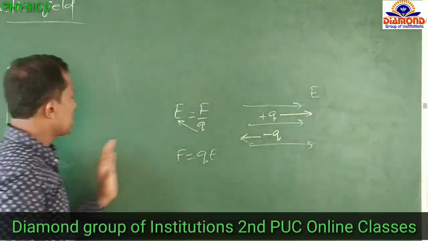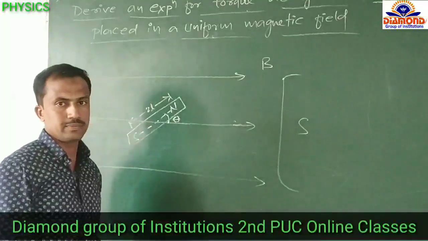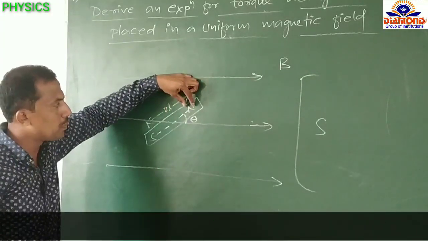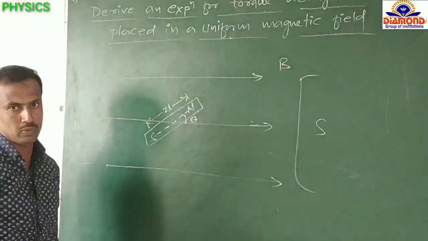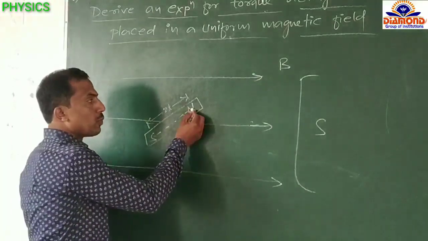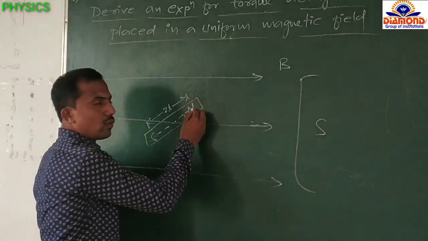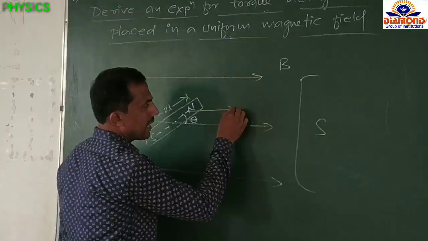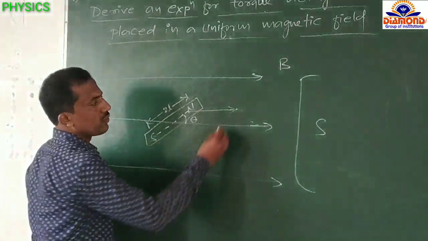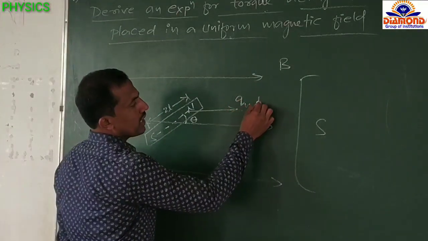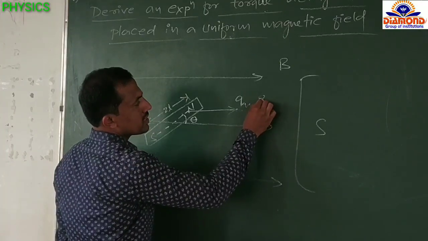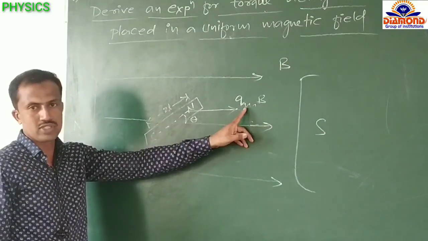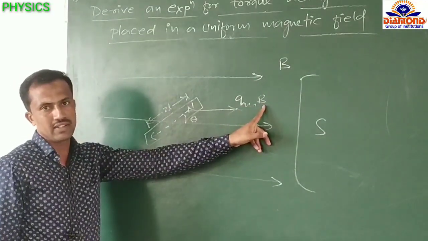The same situation is here. In the magnetic field, we are placing a dipole. It has two poles, one is the north pole, another one is the south pole. These poles experience a magnetic force. For the north pole, the magnetic force direction is this side, and the force is plus QmB. What is Qm? Pole strength. And what is B? Magnetic field.